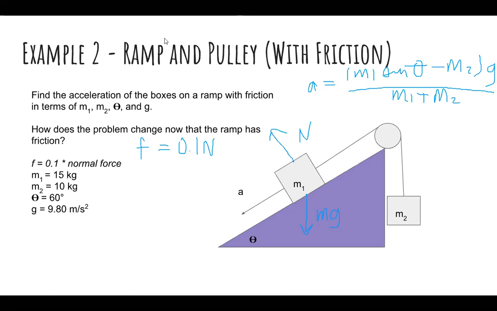Okay, so we're just going over the second example and including friction at the moment. We want to solve for the normal force in terms of the variables that we have. Using Newton's equation, the normal force minus m1g cosine theta is equal to m1a.